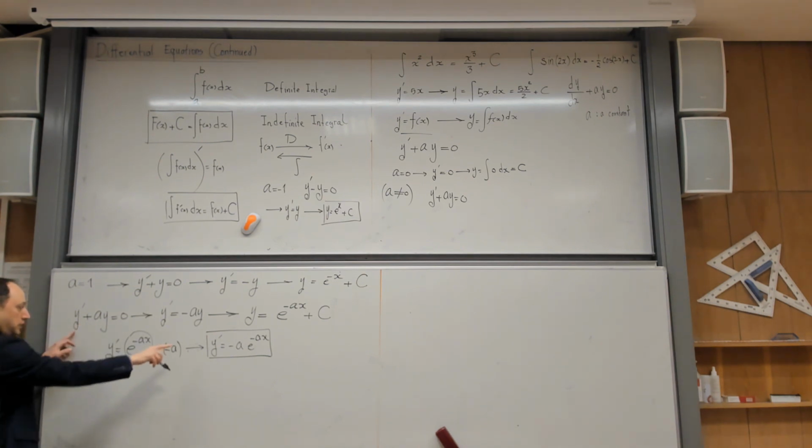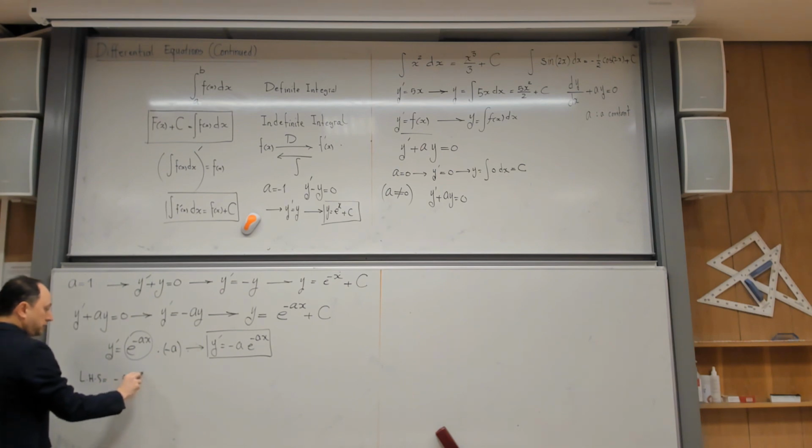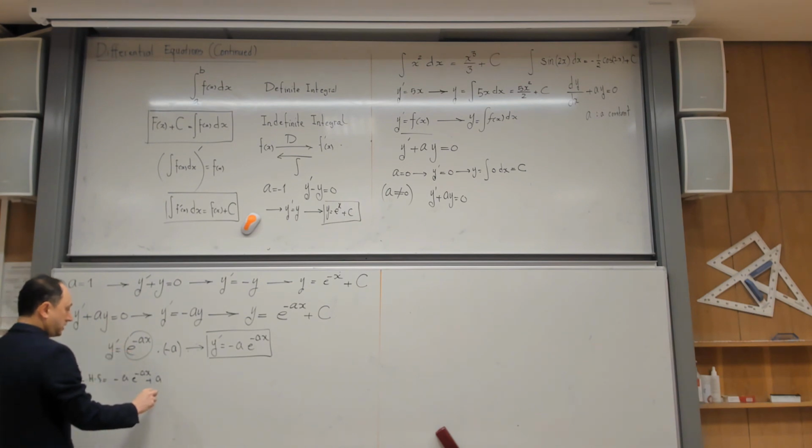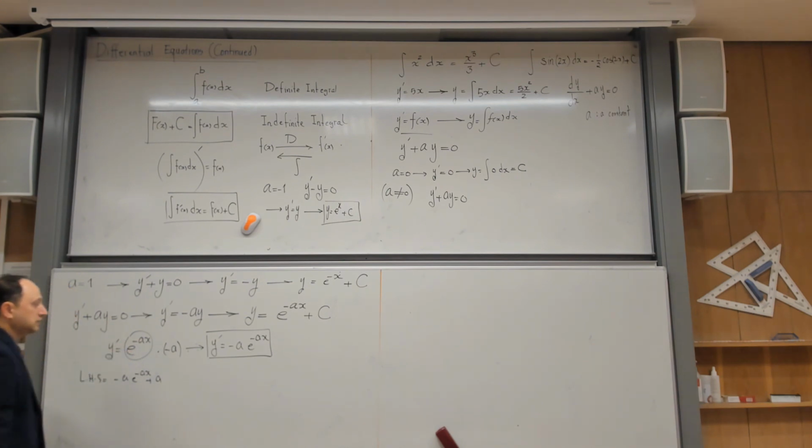Instead of y prime, I put -a e to the power of -ax, plus a times, instead of y, I put e to the power of -ax. So I will be in trouble here, yes? Because if that is y, then I put it here, then I will get an ac extra.